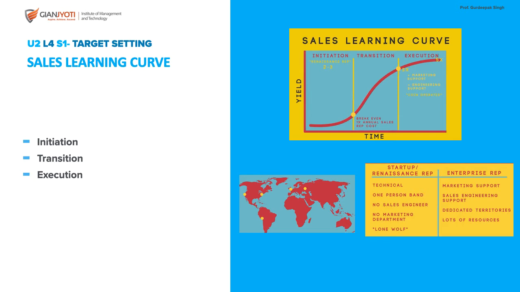So this Renaissance rep is very, very important because he has grown with the company, he has understood how the sales learning curve behaves. So generally the companies move them to the new locations or the new territories where you are trying to introduce either that product, or with the existing product you are entering a new market.